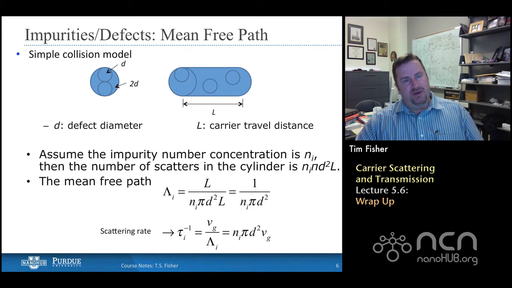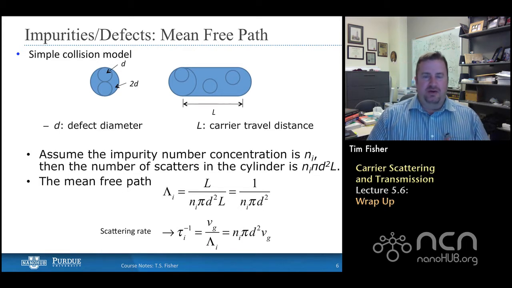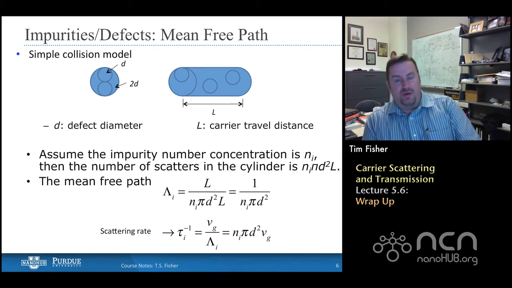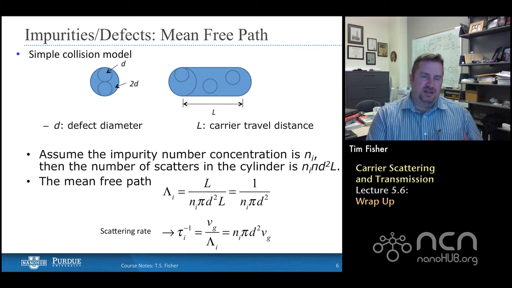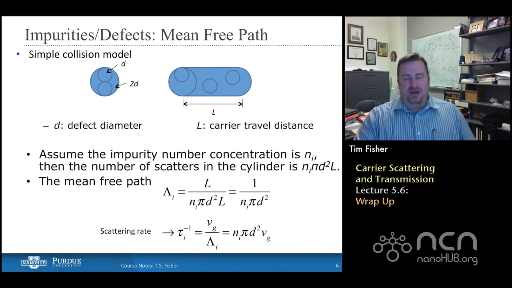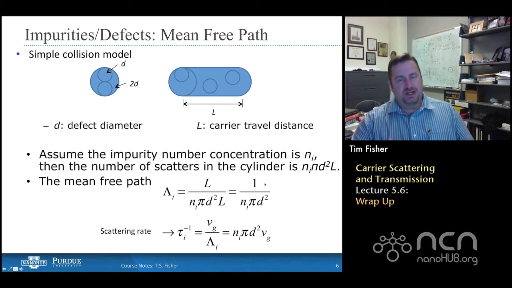The next thing we talked about were impurities and defects, and we rationalized a way to think about them as being distributed throughout the material. So these defects could be point defects, they typically are. They could also be grain boundaries. And so here we're most interested in just the number density of these defects.